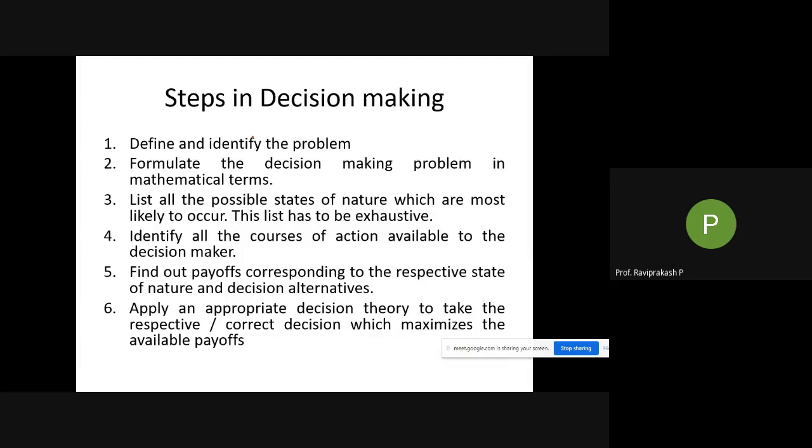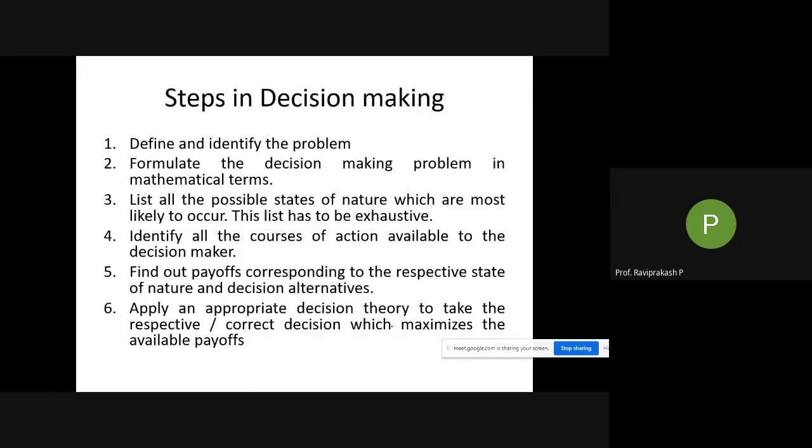So there is a particular spend or a profit. I may not say loss. Here you are basically using money to gain something, so instead of profit and loss, I could say gains and losses. Then apply an appropriate decision theory to take the correct decision which maximizes the available payoffs.